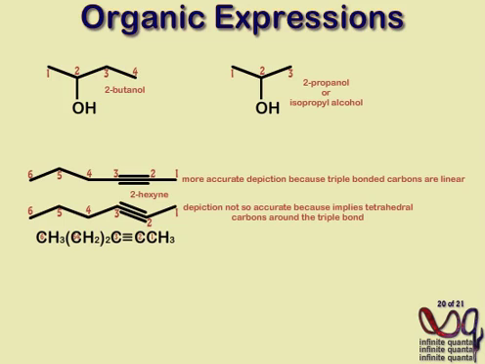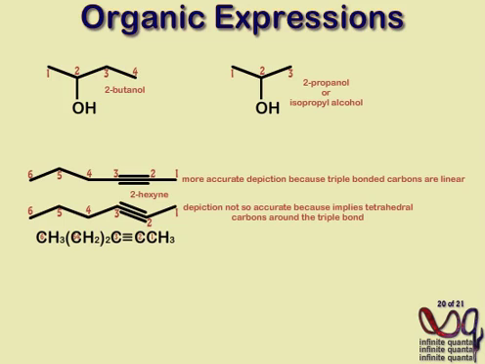If I were to number this, it'd be 1, 2, 3, 4, 5, 6. So this is a more accurate representation of the stick form because triple bonds are linear.